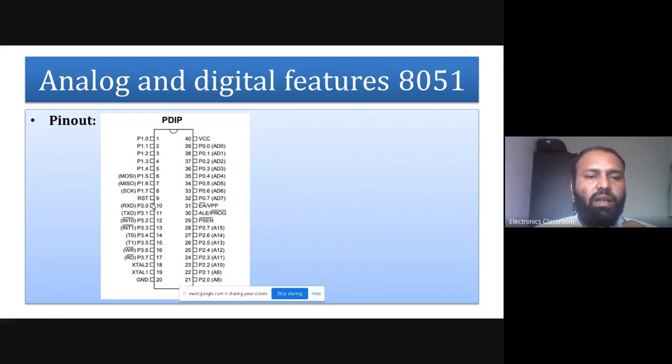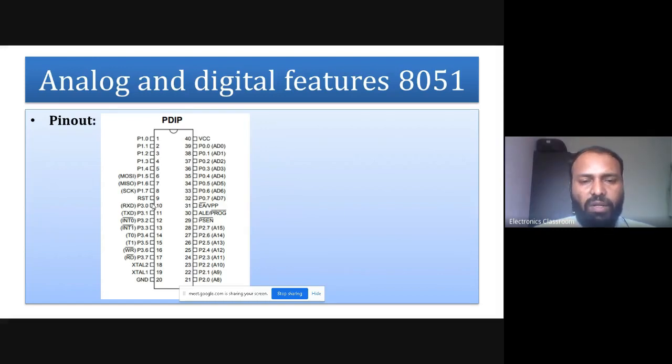So we will move towards the next pins, pin number 18 and 19. Those pins are XTAL2 and XTAL1, where we can connect a crystal, which is very important to run the microcontroller, because it is the heart of the microcontroller. Without an external clock or clock pulses, the microcontroller is not going to work.